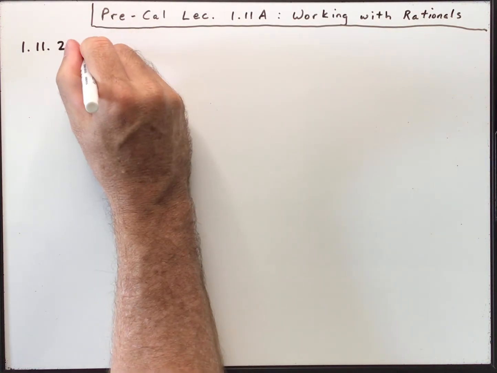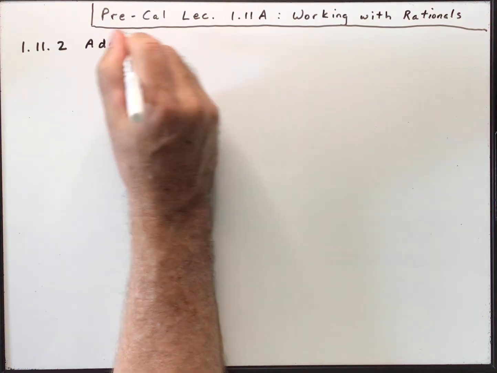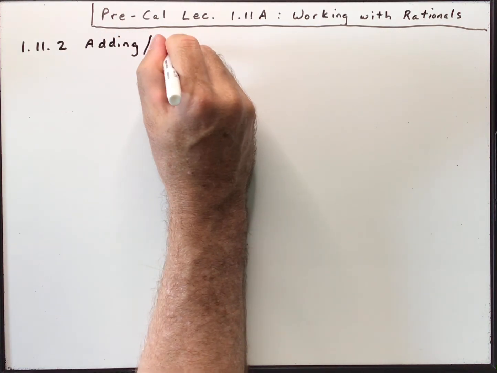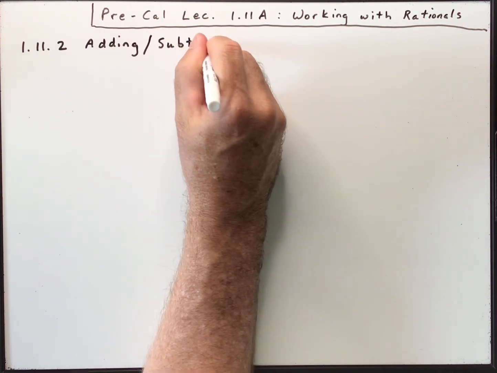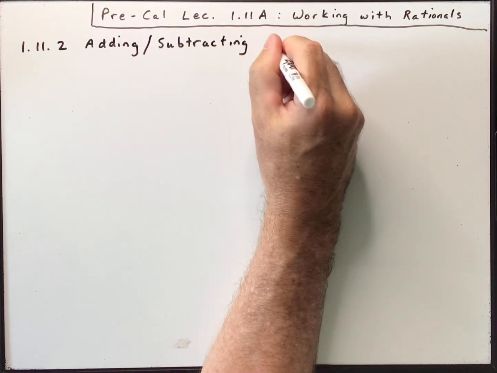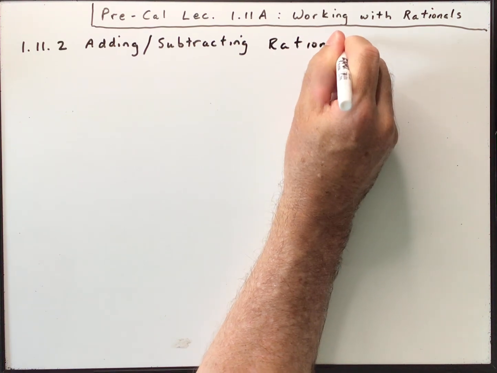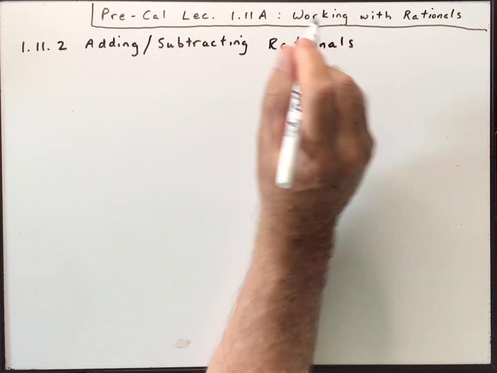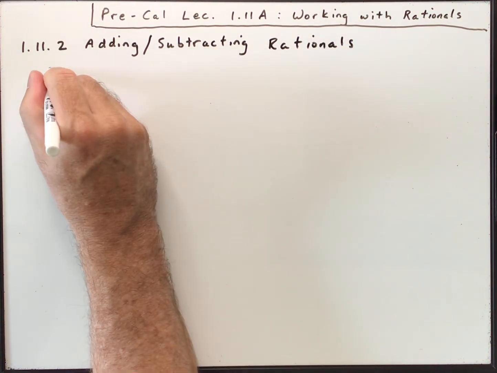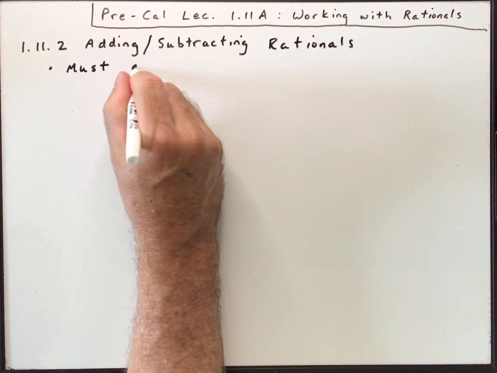It's adding and subtracting rationals. So we've got to get a common denominator on these. So it makes things a little fancier.